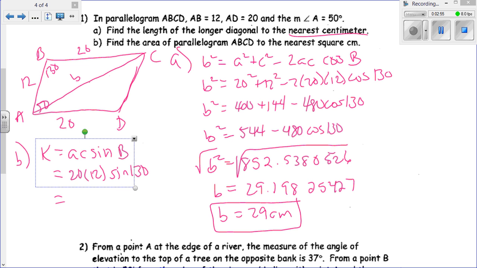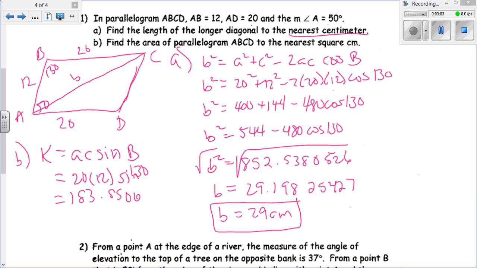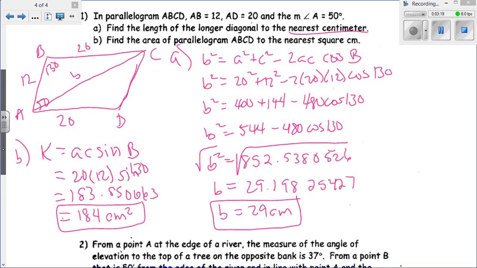And when I do that on the calculator, I get 183.850663, to the nearest square centimeter, 184 centimeters squared. So that is the area. Alright.